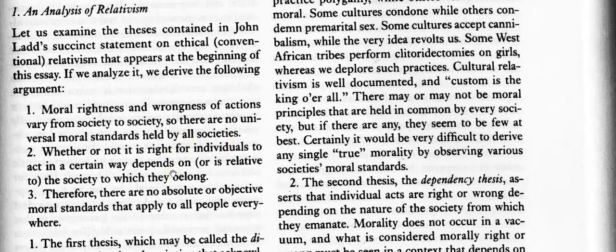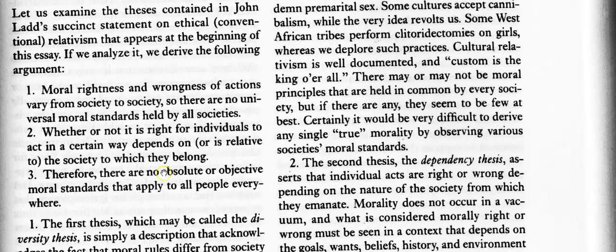So whether or not it is right for individuals to act in a certain way depends on, or is relative to, a society to which they belong. So this here too, you could tell, doesn't necessarily have the objective account there. This is still another one of these ways in which we think of relativism as only containing this part of the sentence.